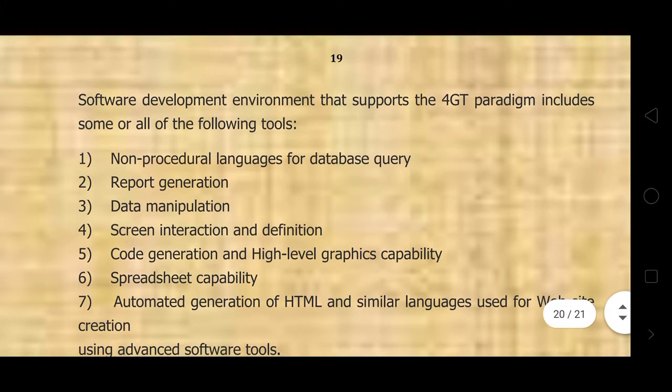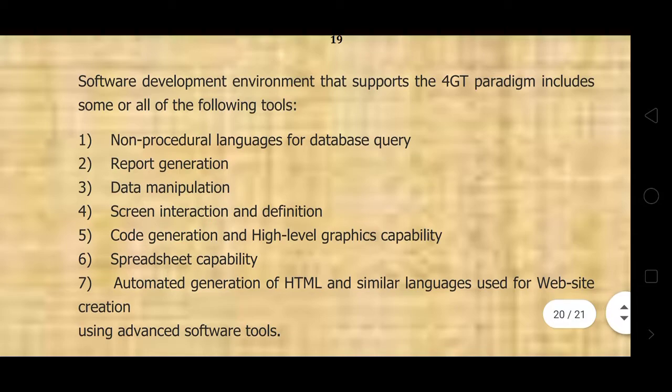Fourth generation technology includes some or all of the following tools: non-procedural languages.